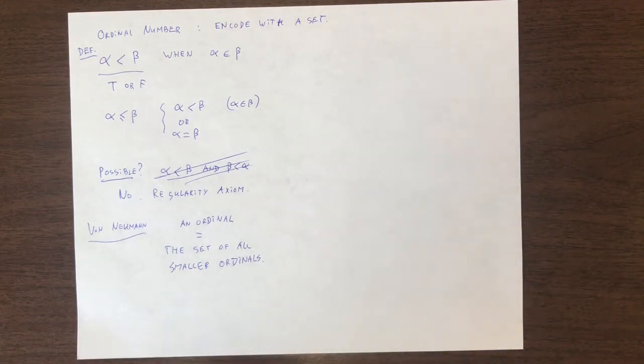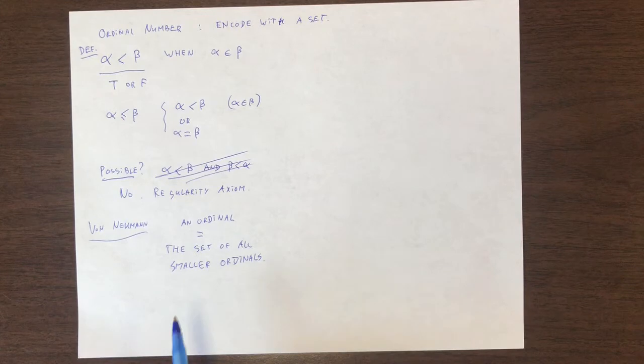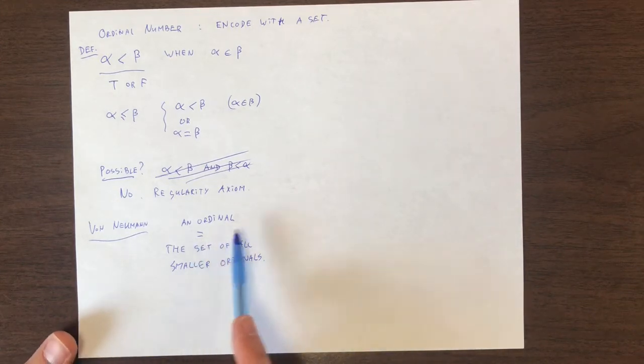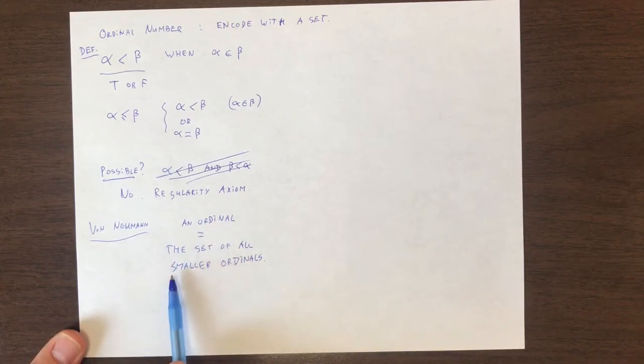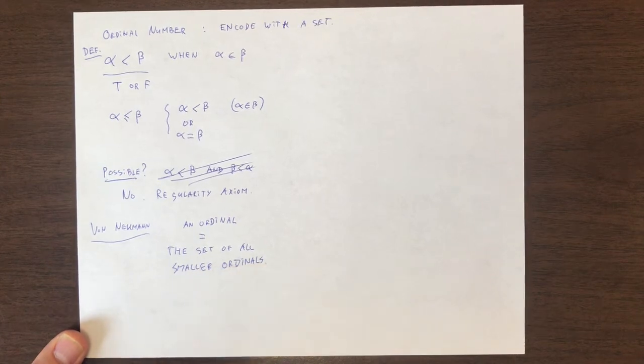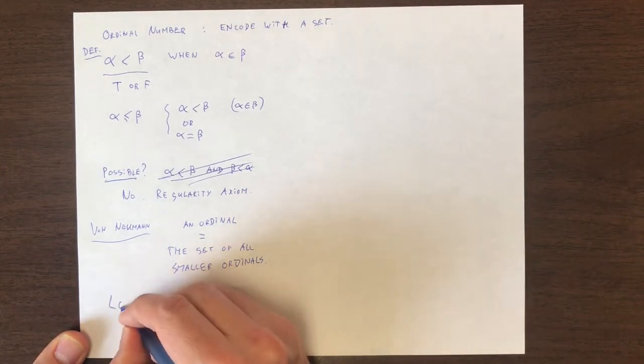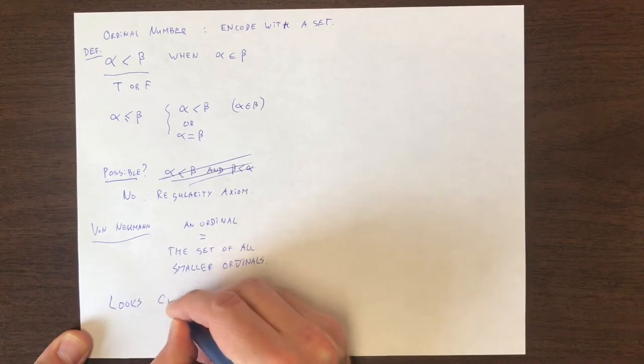You cannot define something in terms of the thing you're trying to define. And it very much looks like this is violating that rule. Because it looks like in this definition, I'm trying to define what an ordinal is, and I'm actually already using what the definition is. So this definitely looks circular.